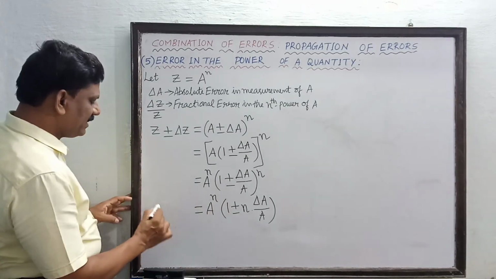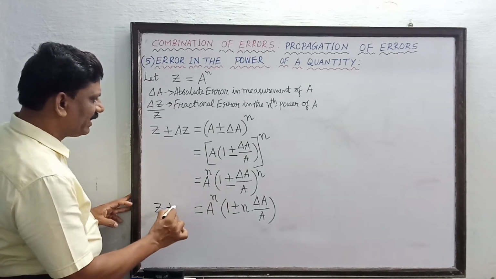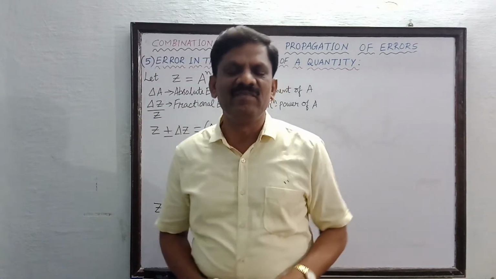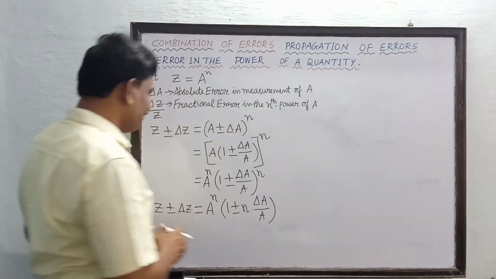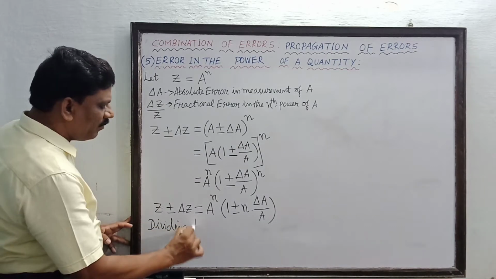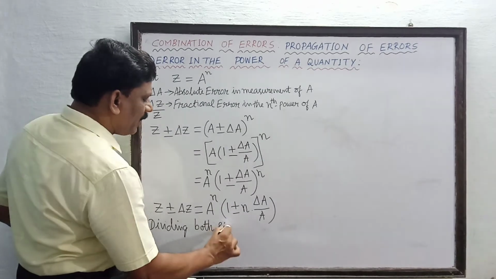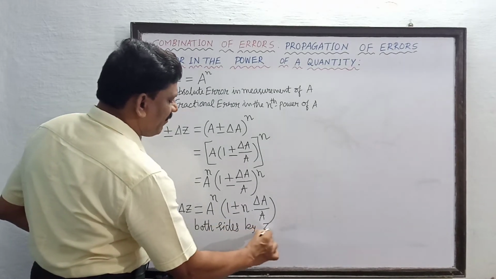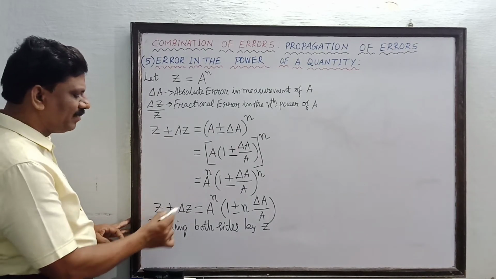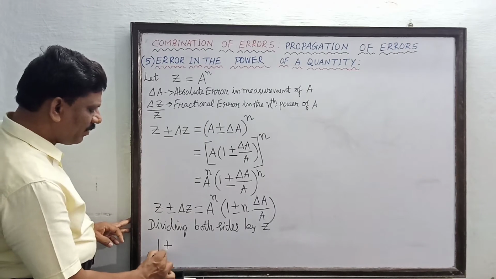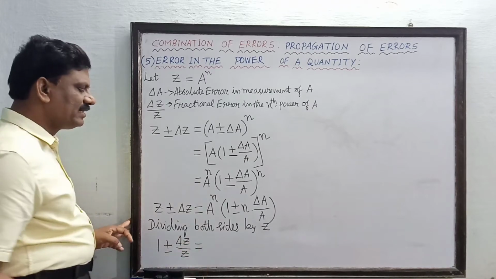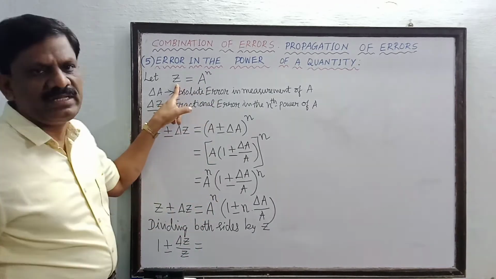So left hand side is still Z plus or minus delta Z. Now I am going to divide both sides by the same factor Z. So left hand side becomes 1 plus or minus delta Z by Z. Right hand side, A power n is also equal to Z, is it not?